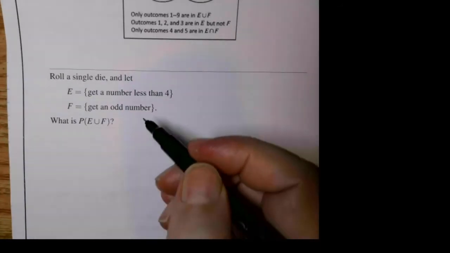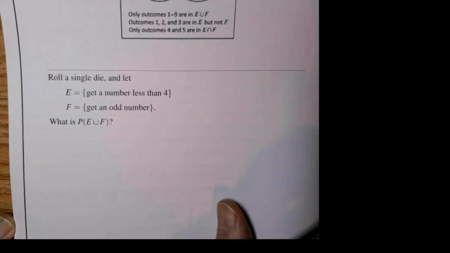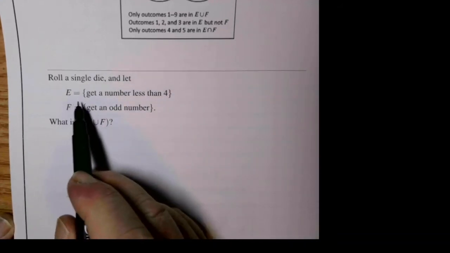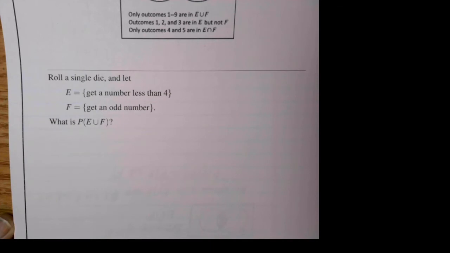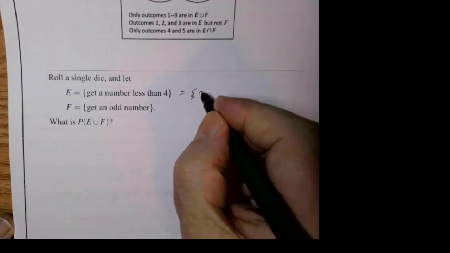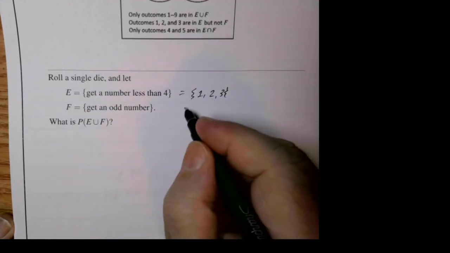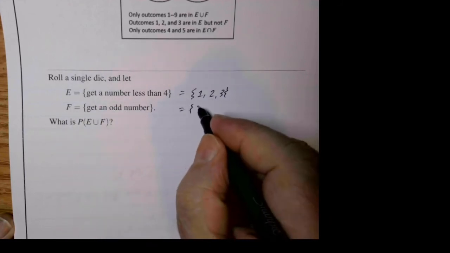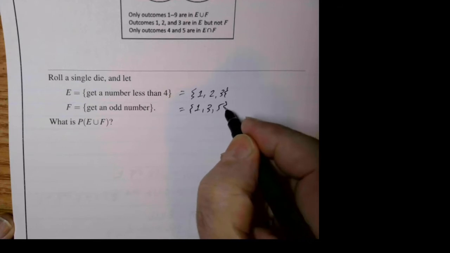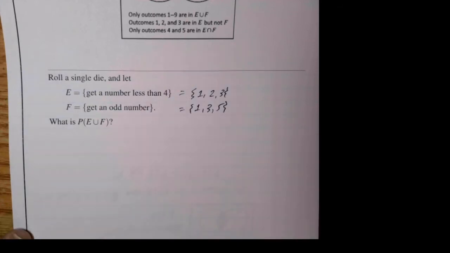So here's one where we can actually get numbers. We're going to roll a single die, so we all know what the sample space is there. And let E be the event that you get a number less than 4. So what would that be? That would be the event 1, 2, 3. And F is the event that you get an odd number. So F is the event 1, 3, 5. So what's the probability of E union F?